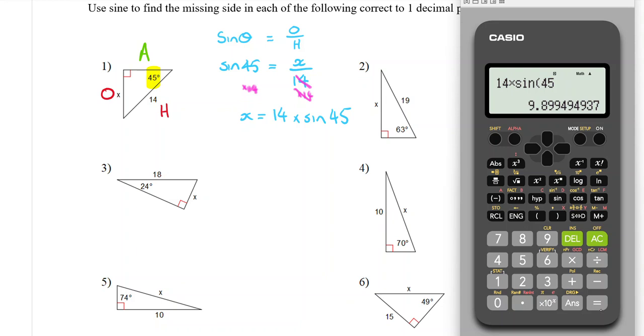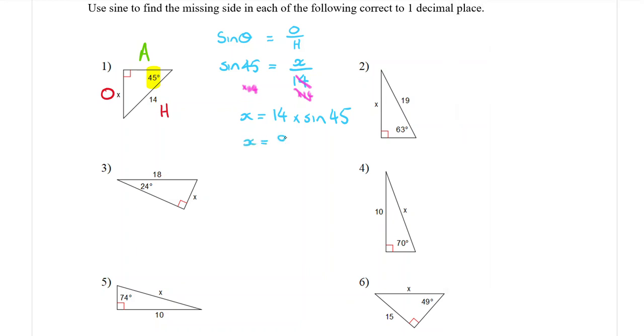So, 9.9. So, x equals 9.9. Right? So, they are the four steps: write the formula, substitute, rearrange it, and then calculate. A couple of things to think about.